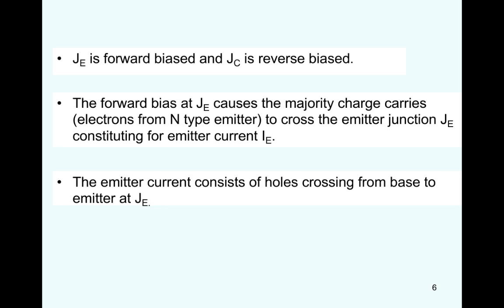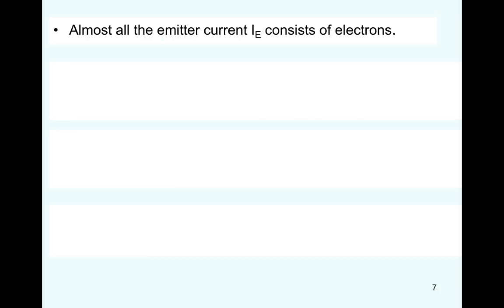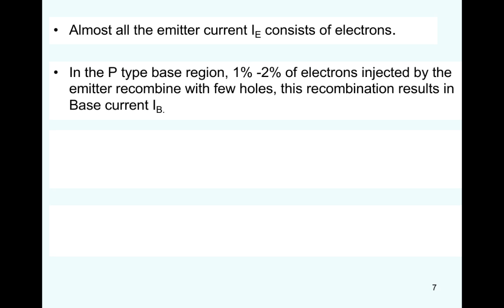Almost all the emitter current IE consists of electrons only. In the P-type base region, 1 to 2% of the electrons injected by the emitter recombine with a few holes. This recombination results in base current IB.